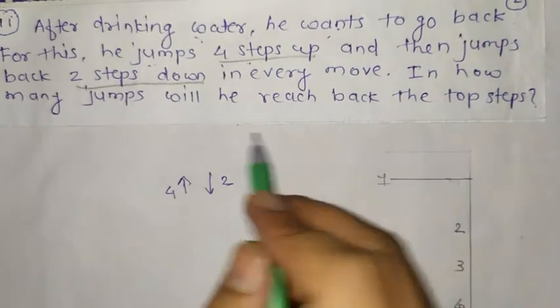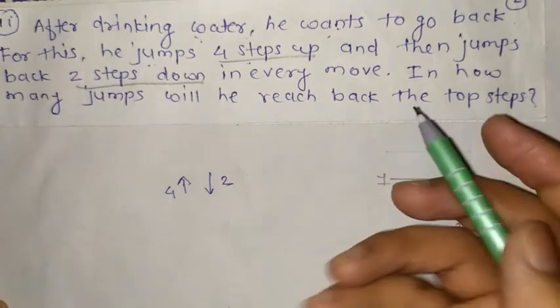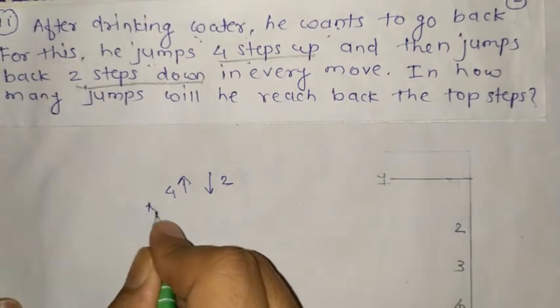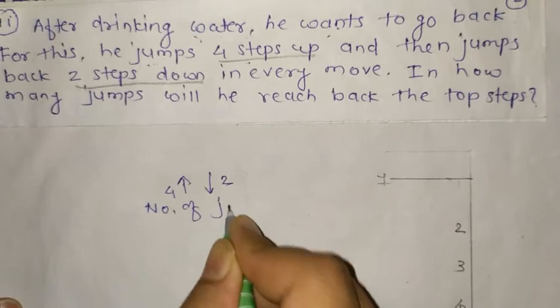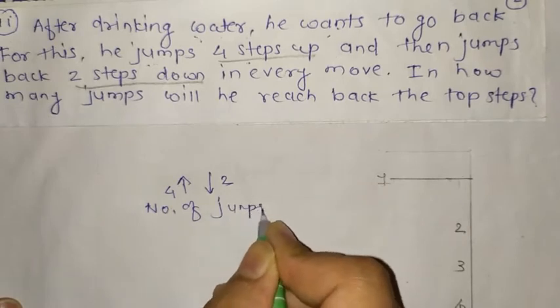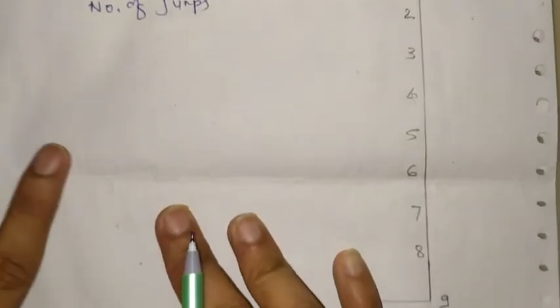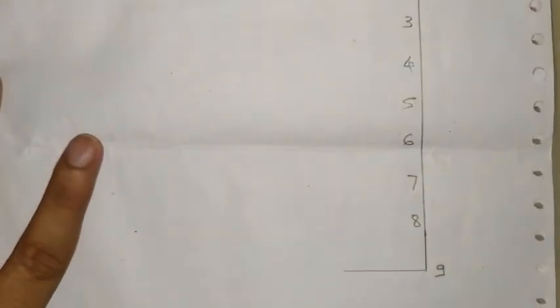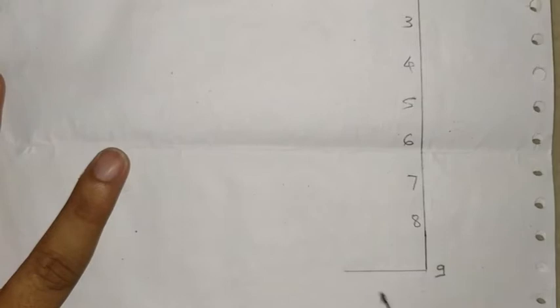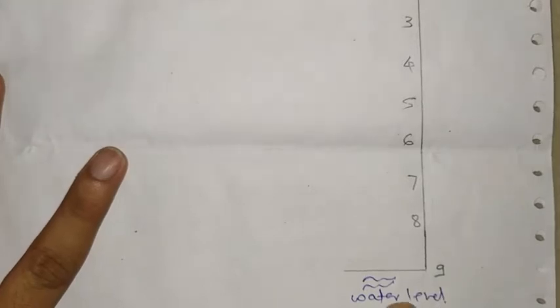In how many jumps will he reach back to the top level? They are asking the number of jumps. Now here, as in the previous question, we got to know the monkey reached step number 9. At step 9 there is the water level. So now the monkey needs to go back from the water level to the topmost step, his original position.